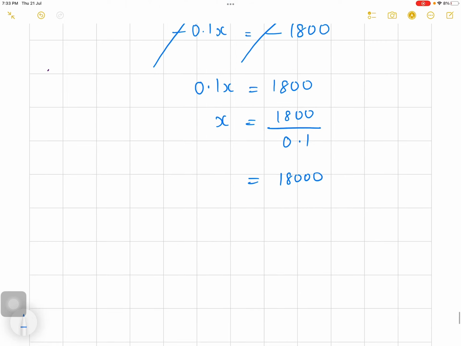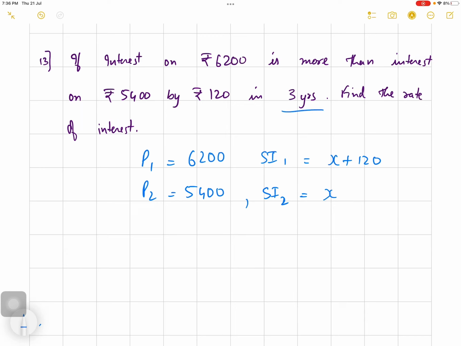You are supposed to find R. T is 3 years in both cases. R is also the same, and we don't know it, so R is R only. So one equation we have: simple interest 1 minus simple interest 2 is 120.